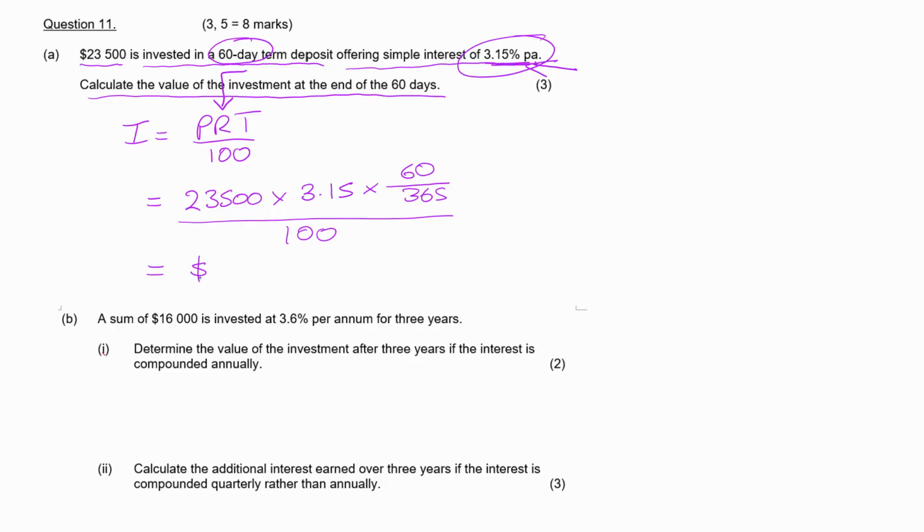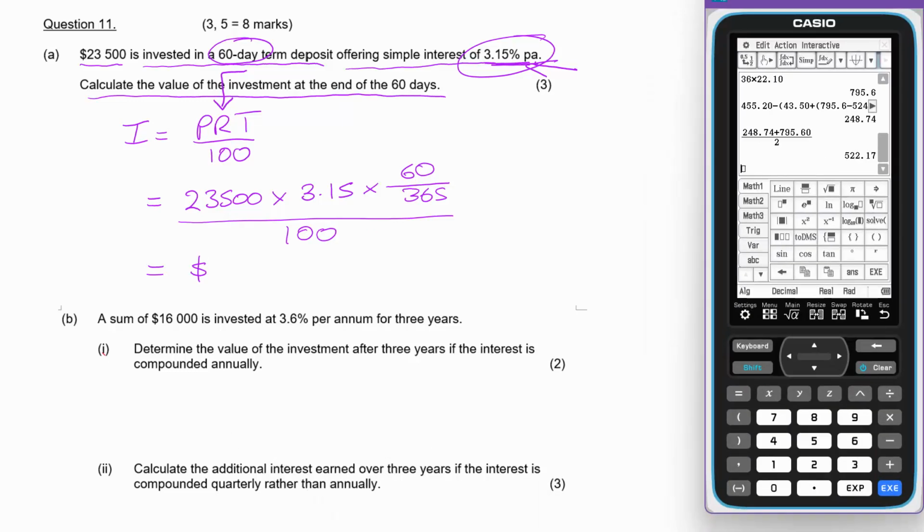Now that will give me, of course, the interest. So I've got 23,500 times 3.15 times 60 over 365 and divide that by 100, and that gives me 121.68.